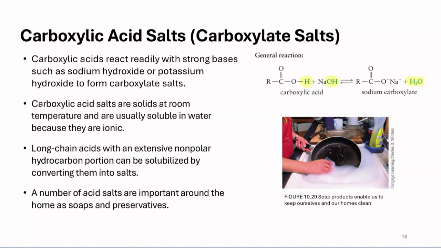Once the hydrogen leaves the carboxylic acid, the oxygen atom turns into an anion, and in order to stabilize it, the cation that was part of the strong base sits next to that oxygen that is now negatively charged.